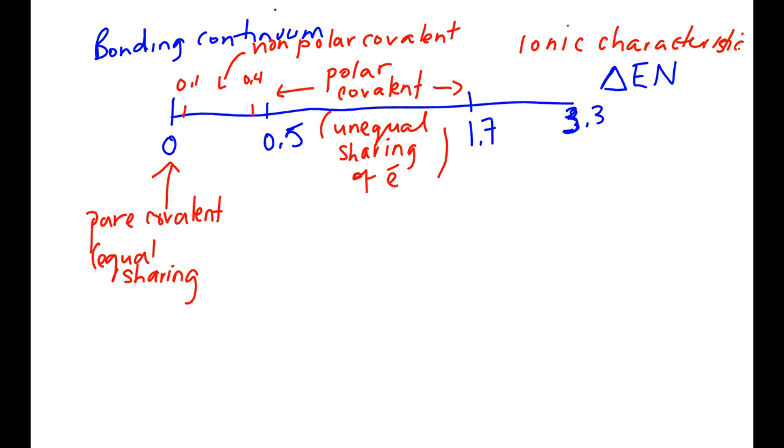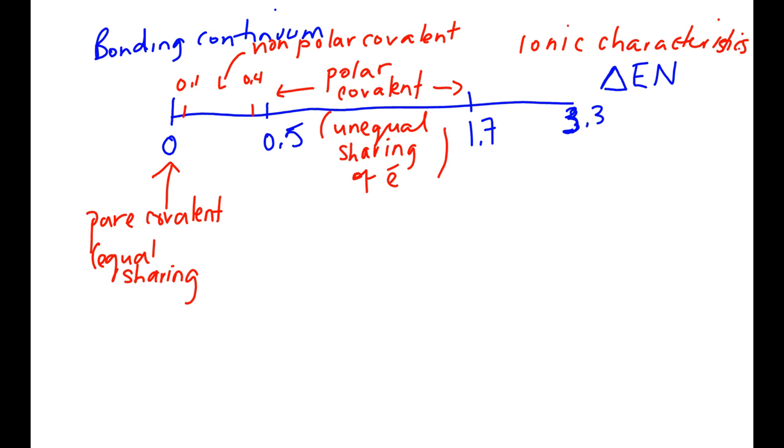Now you could actually be ionic, but you could also be covalent. There's such a difference in electronegativity, it's pretty much like you're a positive and a negative ion. Okay? So greater than 1.7, you have ionic characteristics. And we're going to see how this affects shape, physical properties.